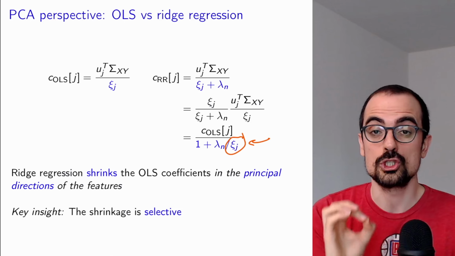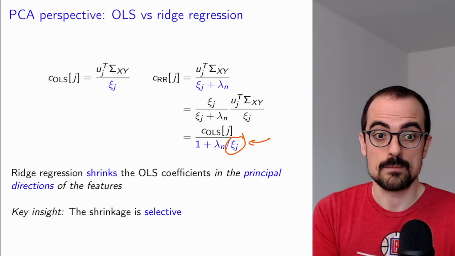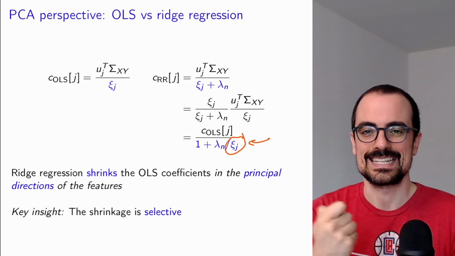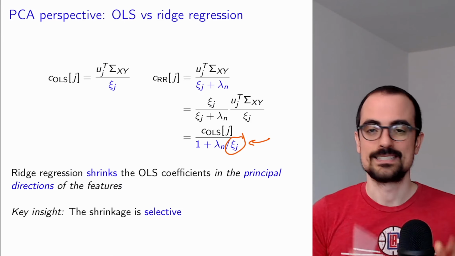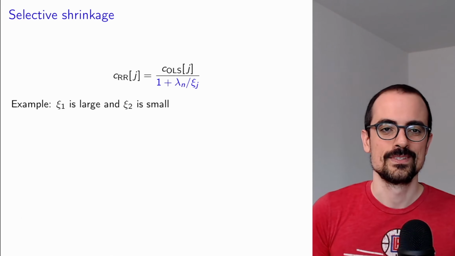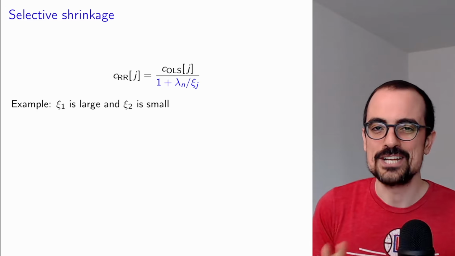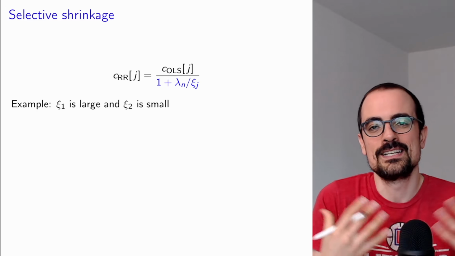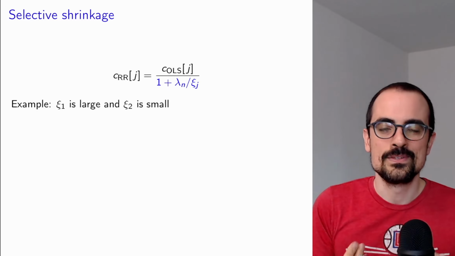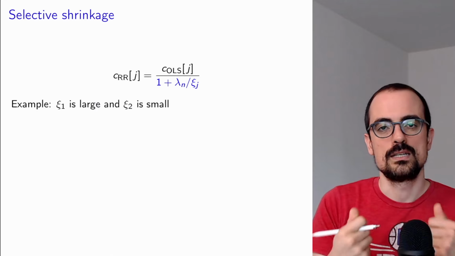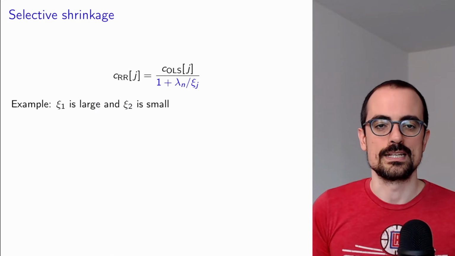And this is crucial because, as we will see in a moment, it shrinks them in exactly the right way. Let's see what I mean by that. Thank you for your patience, by the way, with all of these derivations, but I needed to do them to show you that ridge regression shrinks the OLS coefficients.